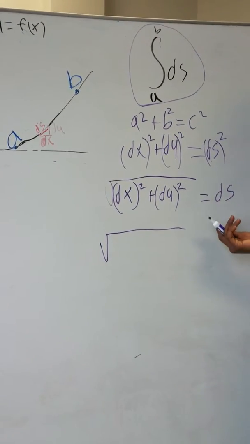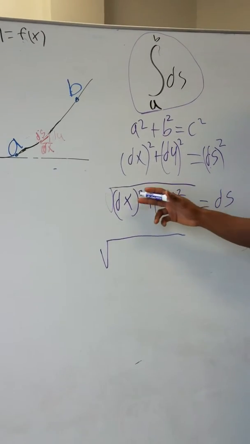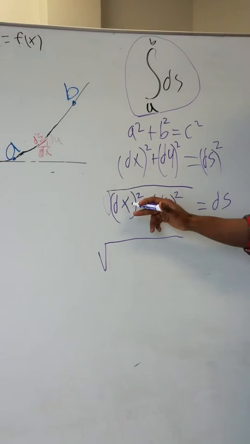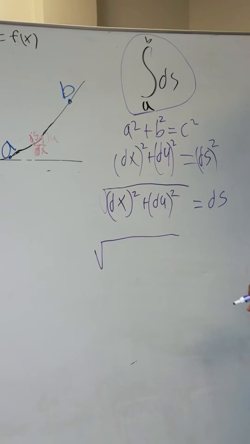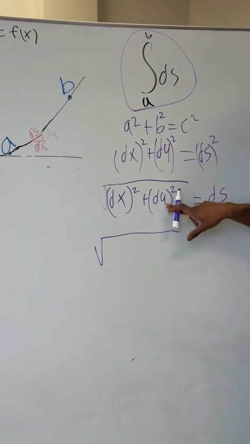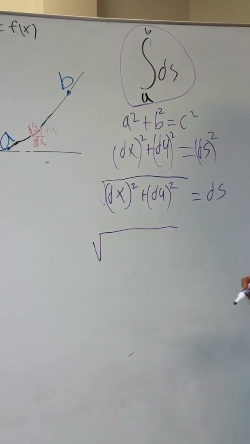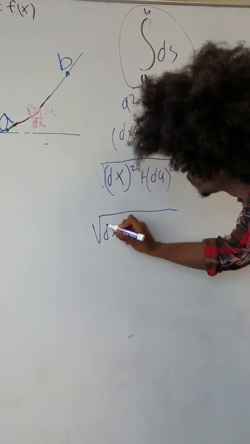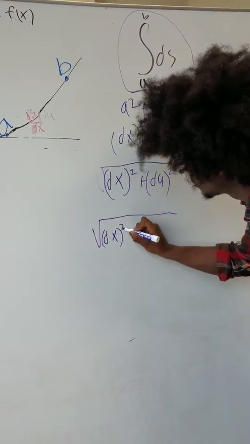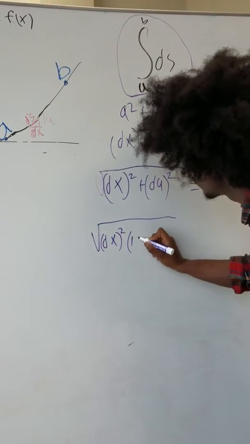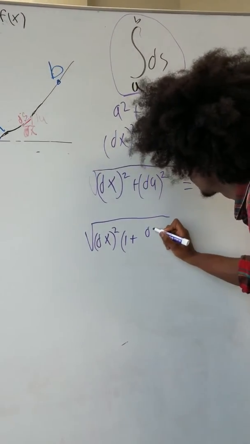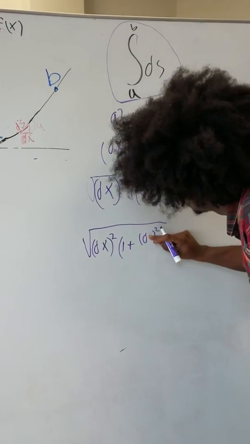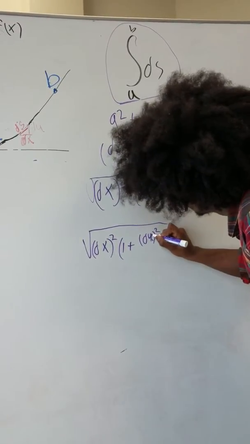Now, you might look at this and say, how are you going to pull out dx squared out of these two elements when there's only one dx squared here? There is inherently a dx squared within this dy squared. Let me show you how that works. Just make that clear.